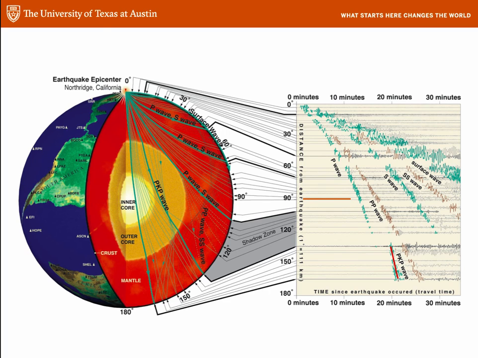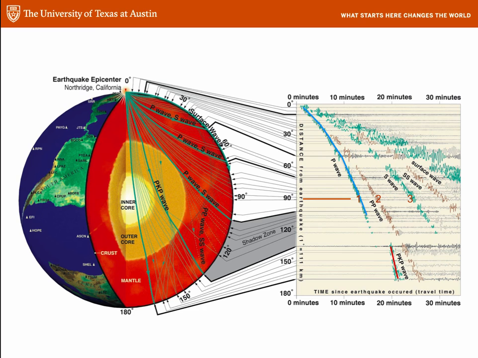So for example, this seismograph that is 90 degrees away from the earthquake epicenter, and at this particular location, the P wave arrives first, and then a PP wave, one that has bounced off the surface and returned as a P wave, and finally the third major arrival is an S wave.